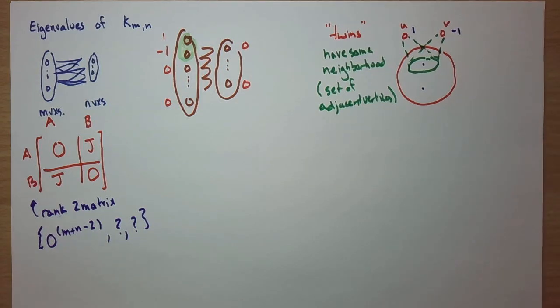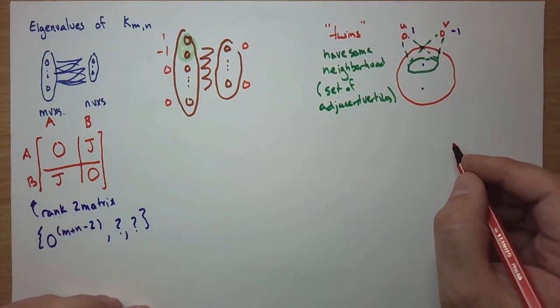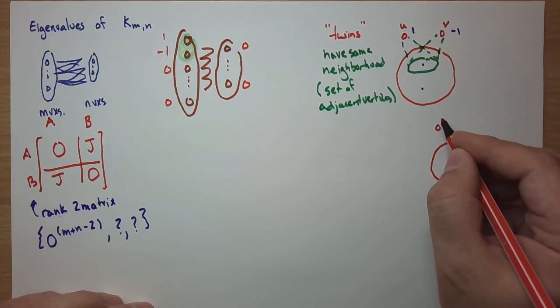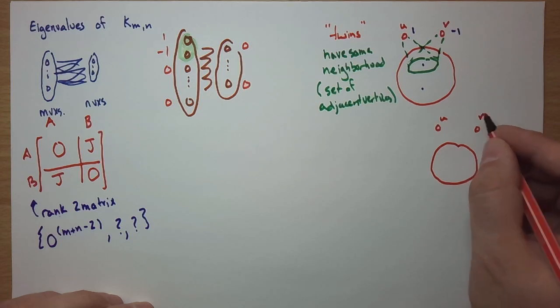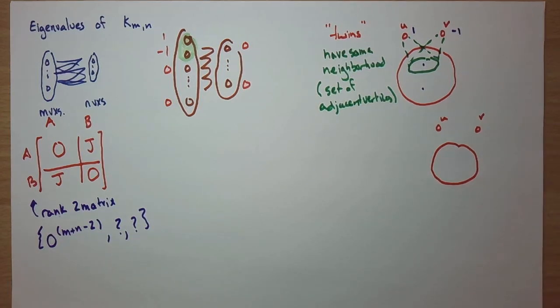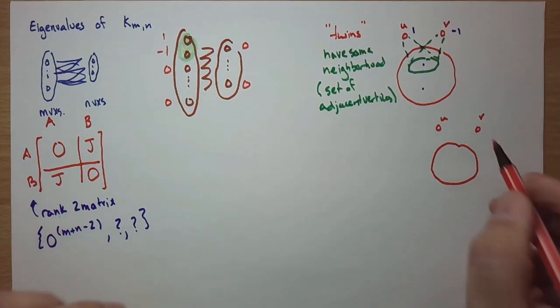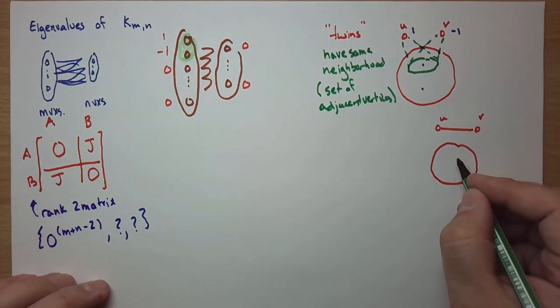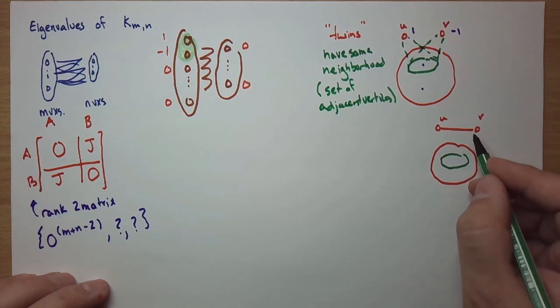All right. Now, there is another variation, and since we're here, we might as well mention it. What if here the twins are separated? What if, for lack of a better word, we have conjoined twins? U is adjacent to V, but they also have the same neighborhood.